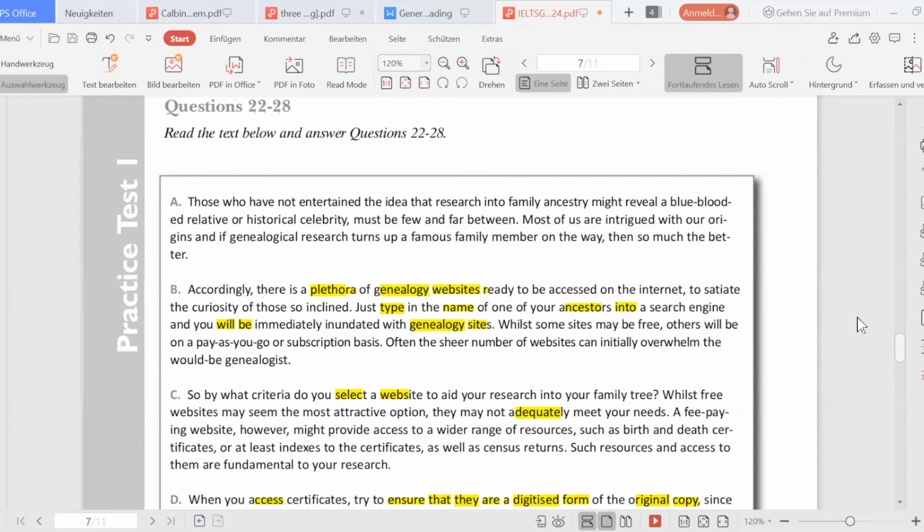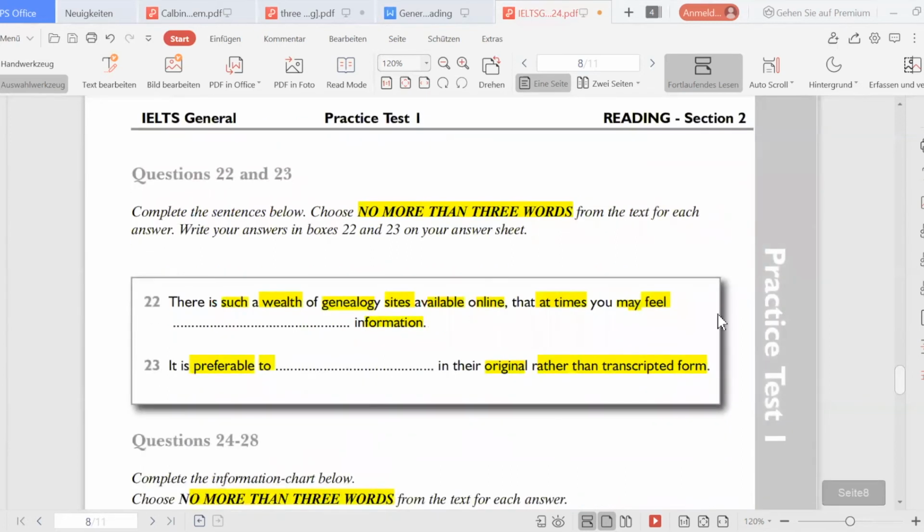So that tells you will future looks at possibility, uncertainty, all right? And that is what is expressed with the modal verb may. May also expresses the possibility and uncertainty of something, okay? So they're very powerful. And if you missed out on the feel, you are actually looking at the modal verb.